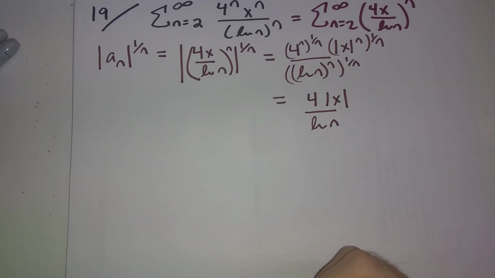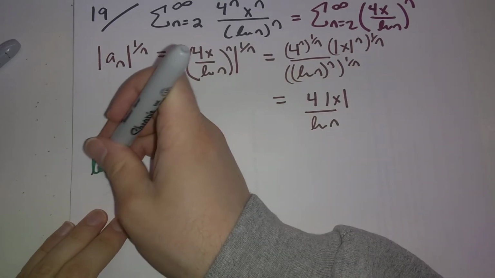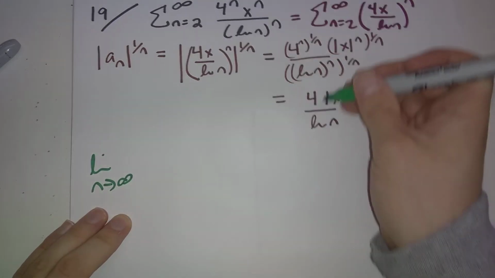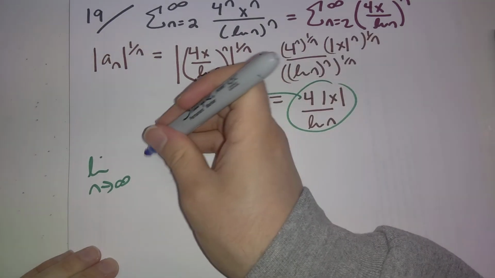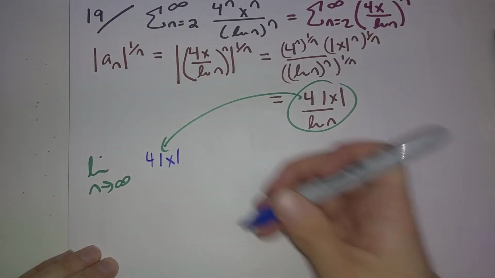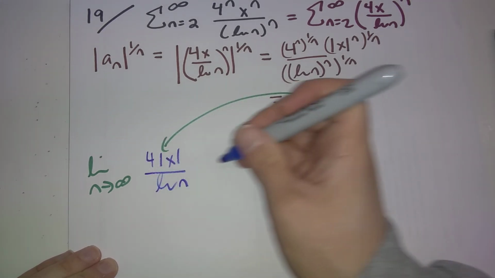Okay, so let's take the limit as n goes to infinity of this. We would end up with the limit of 4 times absolute value x divided by natural log of n.